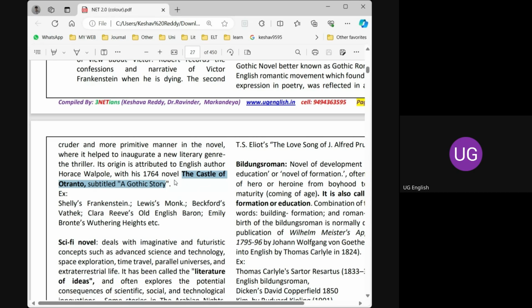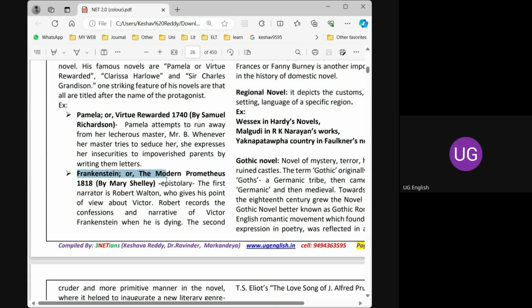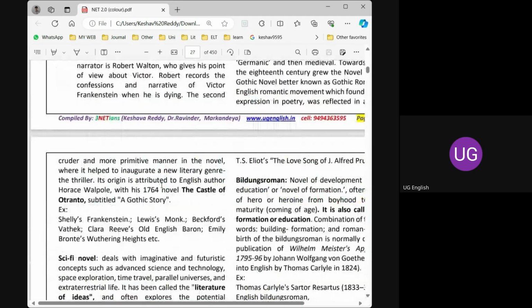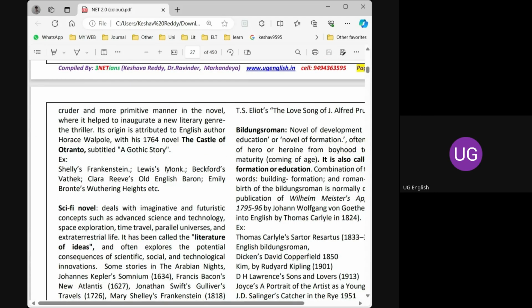And Frankenstein, just now I mentioned, Frankenstein is the first robotic novel, as well as an epistolary novel, as well as a scientific fiction novel. Otherwise, next The Monk by Lewis. This Lewis is also known as Monk Lewis; his work's name itself has become his nickname, Monk Lewis.